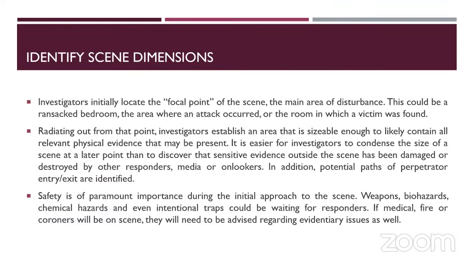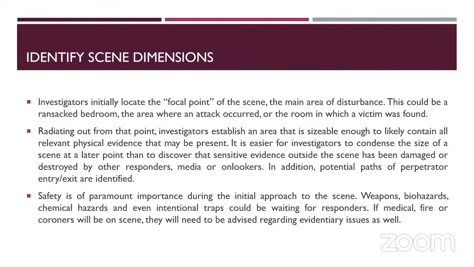Investigators have to initially locate the focal point and the main area of disturbance. These areas could be anything, like a ransacked bedroom, ransacked in the sense that a burglary might have taken place and the entire crime scene is upside down.